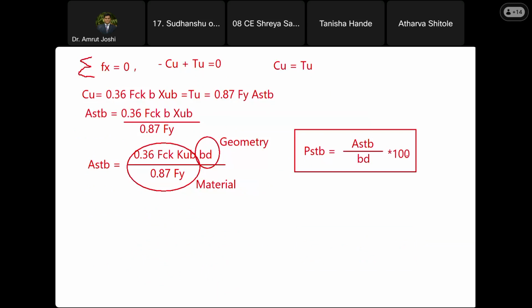Now let me substitute AstB in this formula.